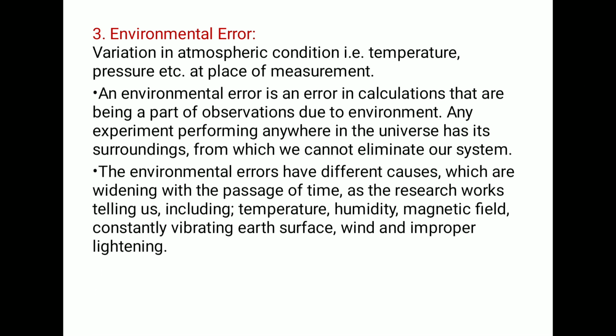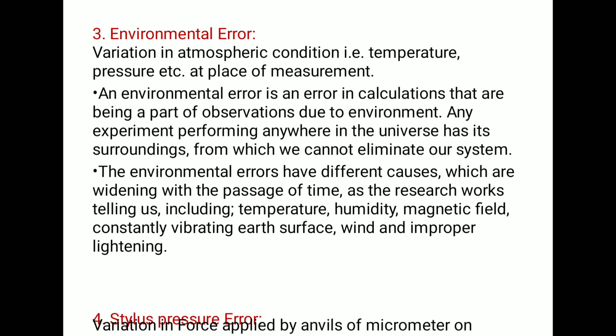Any experiment performed anywhere in the universe has its surroundings, from which we cannot eliminate our system. The environmental errors have different causes, including temperature, humidity, magnetic field, constantly vibrating earth surface, wind and improper lighting.